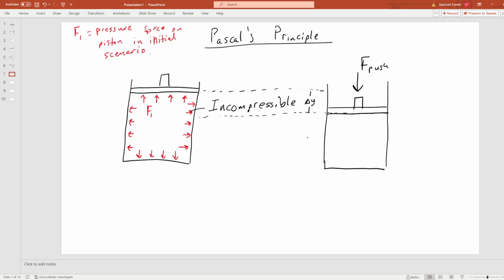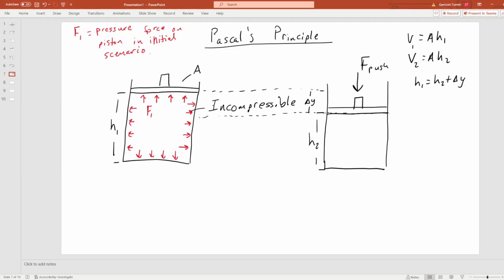Originally, the volume would be my area A times this height h1, and now this height h2. So my initial volume was A times h1. My second volume is A times h2. And h1 equals h2 plus delta y. So our volumes are going to be different by this amount.